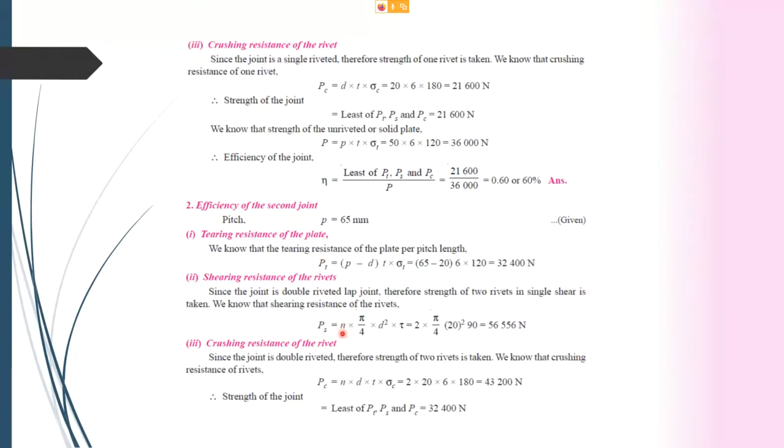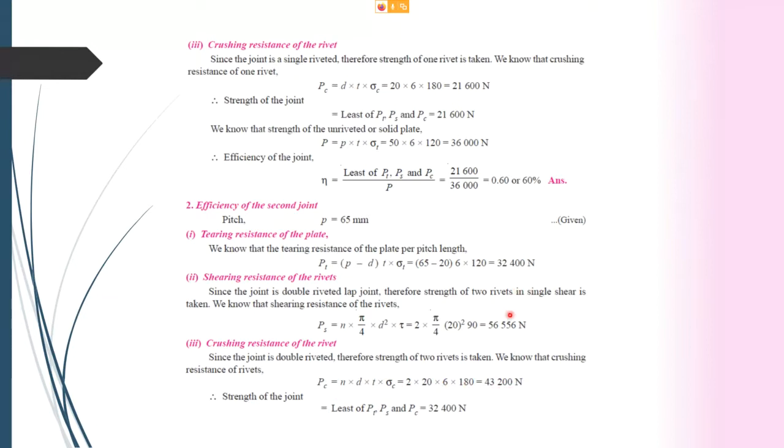So n should be equal to 2 because you are looking at a double riveted lap joint. The previous one doesn't have the 2. So you get 56,556 Newton. Then for crushing you also need to include n, that is 2, so you get 43,200 Newton.